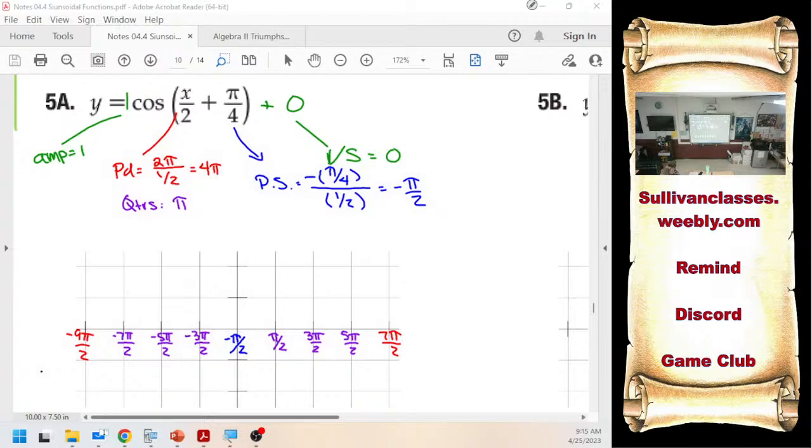Because the quarter marks on this one were pi over 6. The quarter marks on this one are pi over 1.